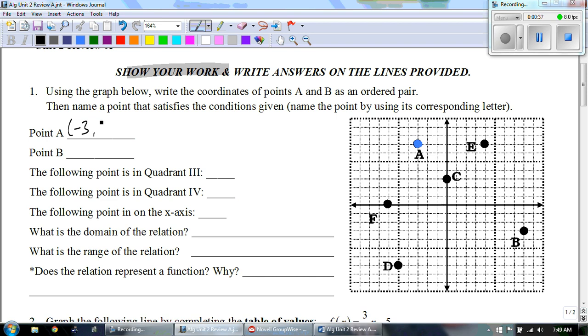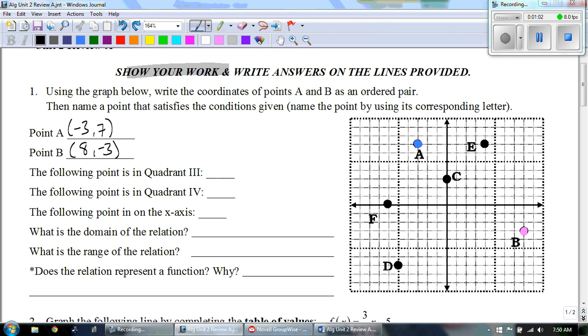So the point -3, 7. Point B is right there. And for point B, you should say that that is the point 8, -3, because we had to go to the right 8 and down 3 to get there.